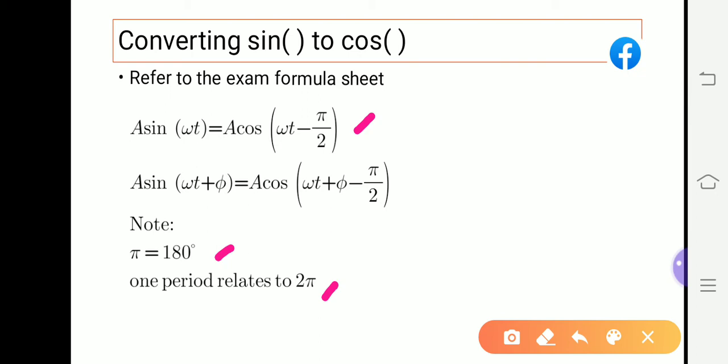Then we have A sin(ωt + φ). We can rewrite it as A cos(ωt + φ), and then we have to include this part, minus π/2.